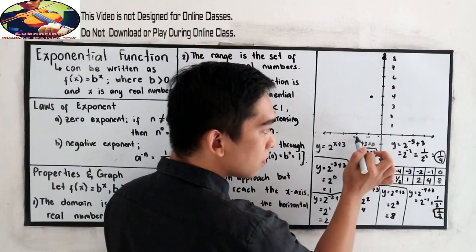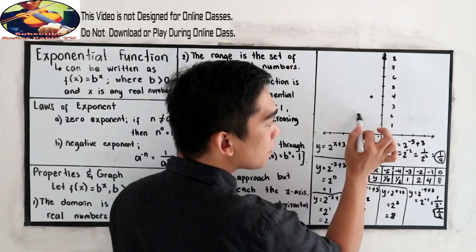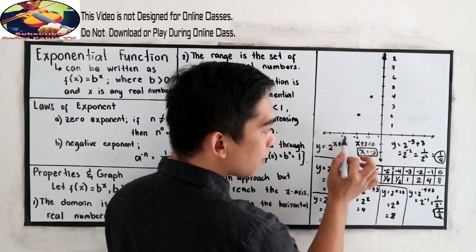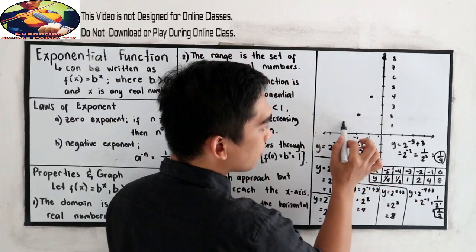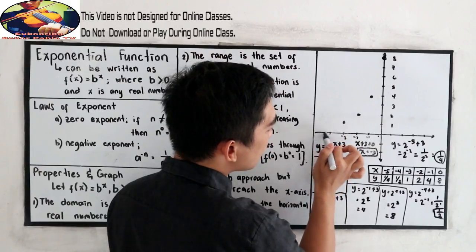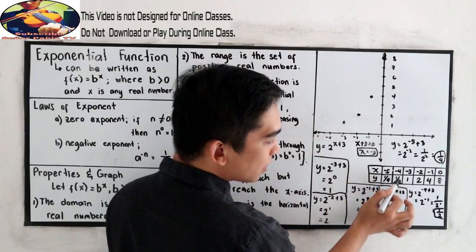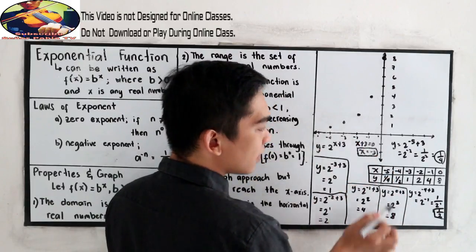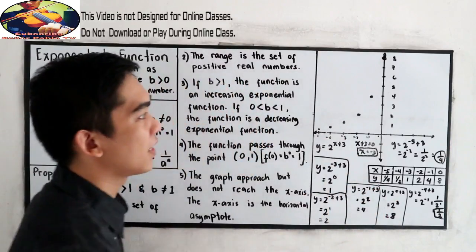Negative 2 going to positive 2. Negative 3 going to 1. Negative 4, then 1/2. Then negative 5, 1/4. Okay.